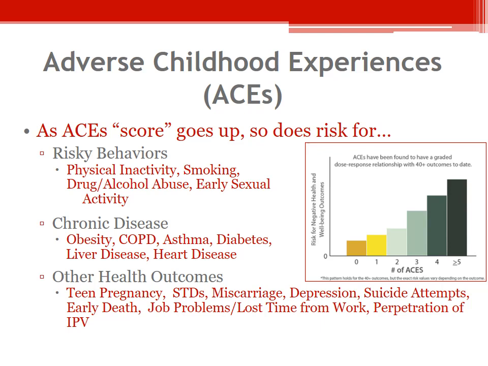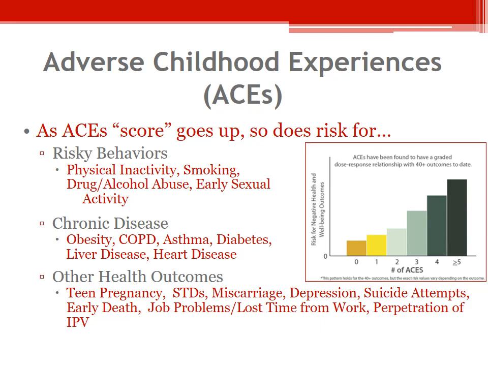There are more than 40 negative outcomes for which ACEs have been shown to have a graded dose-response relationship. In other words, the more ACEs you have, the more likely you are to have had these negative outcomes. As your ACEs score goes up, so does your risk for risky behaviors, for things like being physically inactive, smoking, abusing drugs and alcohol, and engaging in early sexual activity.